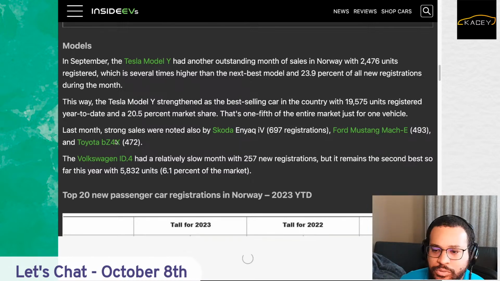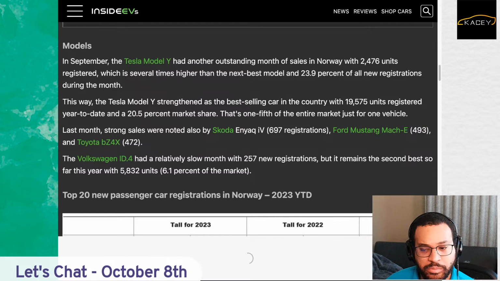Last month, strong sales were also noted by Skoda Enyaq IV at 697 registrations, the Mustang Mach-E at 493, and the BZ4X amazingly almost caught up to the Mustang at 472 units. So it gets cold in Norway. This year we'll find out how well the thing fast charges in the cold.